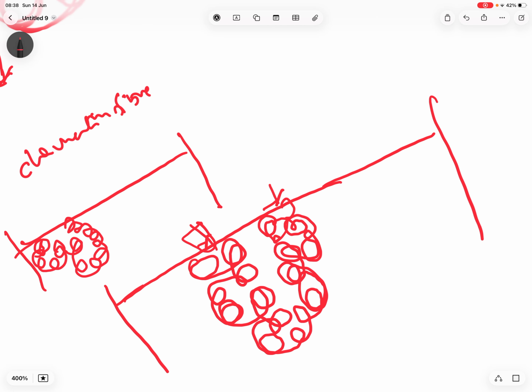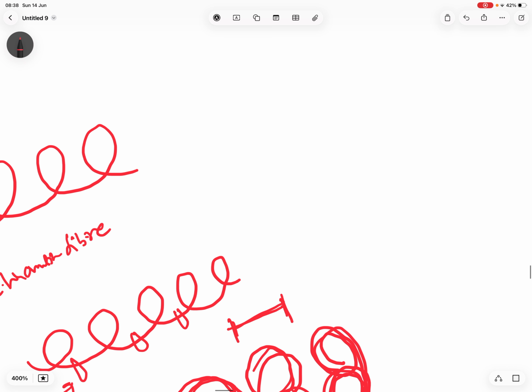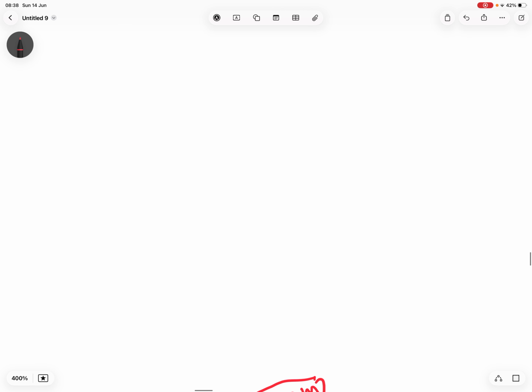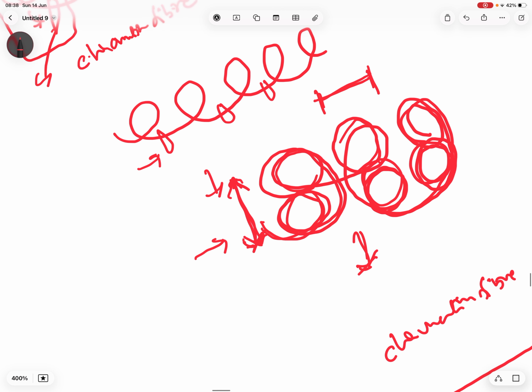In the same way, when you take this chromatin fiber and hang it over this scaffold structure, you find this kind of loop formation. So the chromatin fiber forms loops further, and this compacts the size.